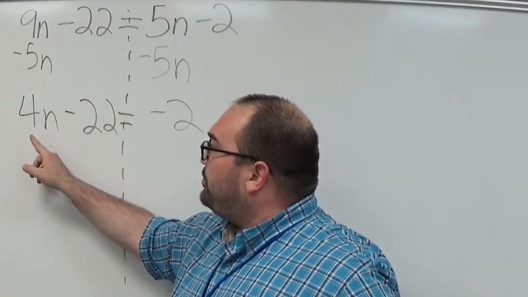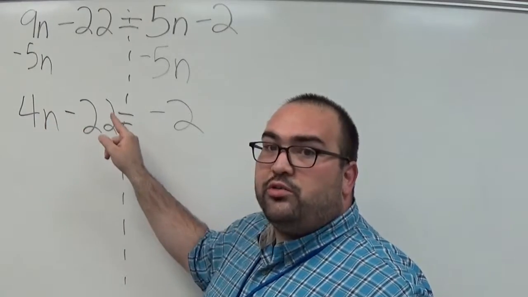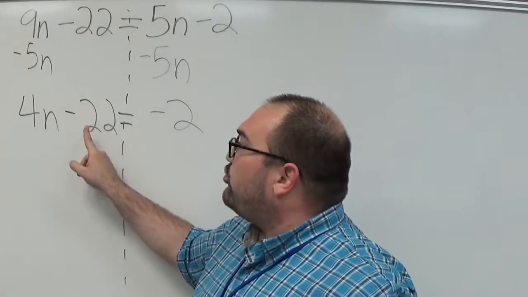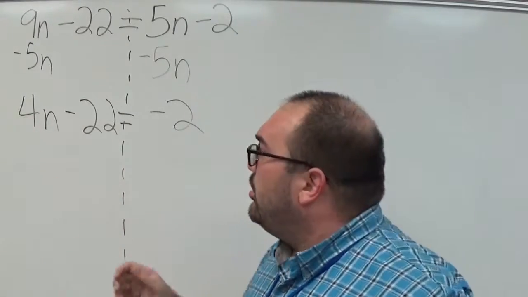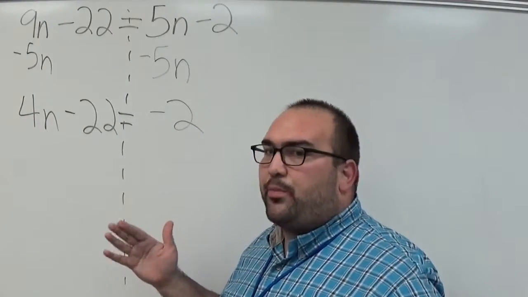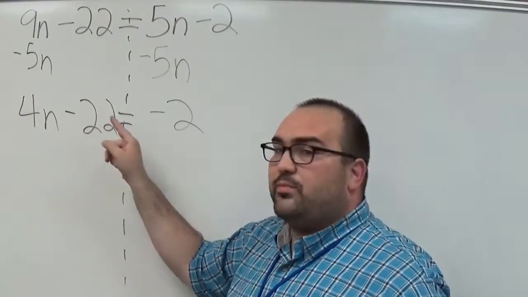Would I first multiply 4 times n and then subtract 22? Or would I subtract 22 and then multiply 4 times n? Well, in this case, order of operations is going to work out. You have to multiply first and then subtract.